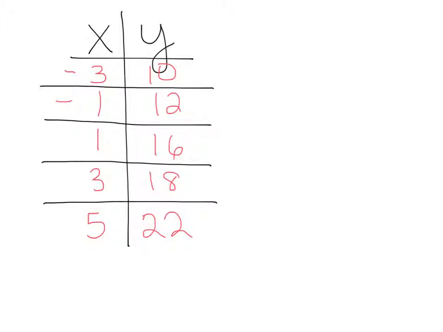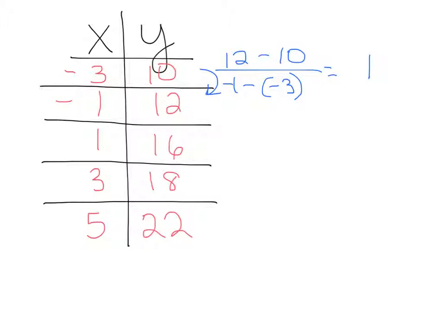So pause the video for a second and see if this example is linear. The rate from the first two sets is 12 minus 10 over -1 minus -3, which comes to 1.